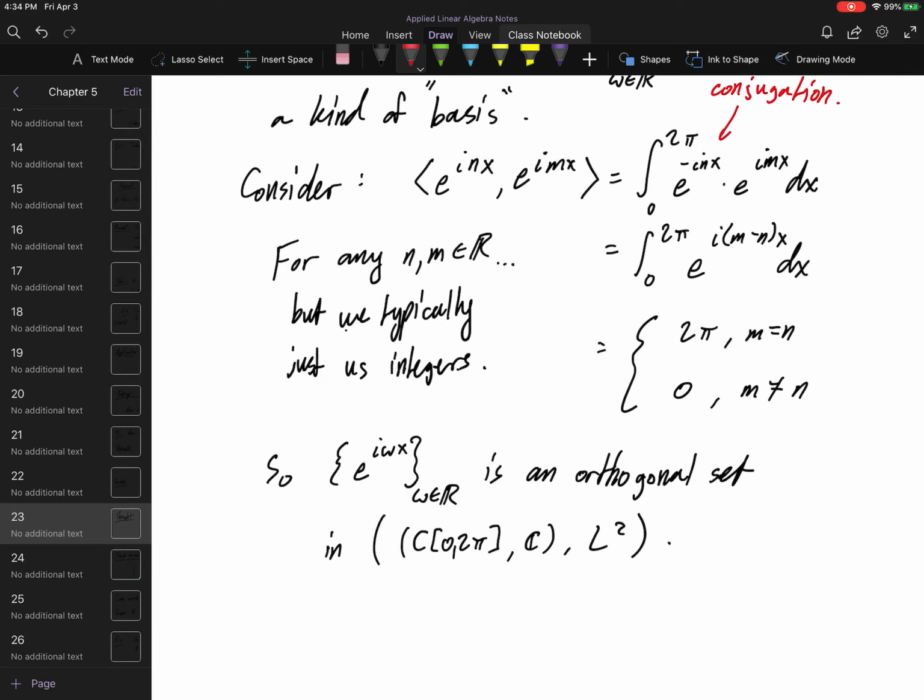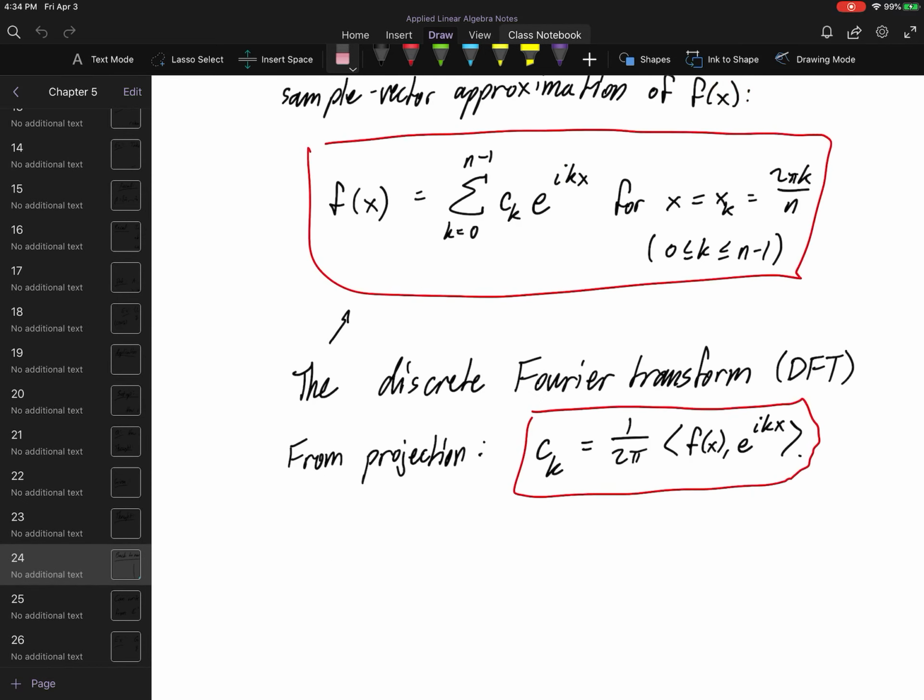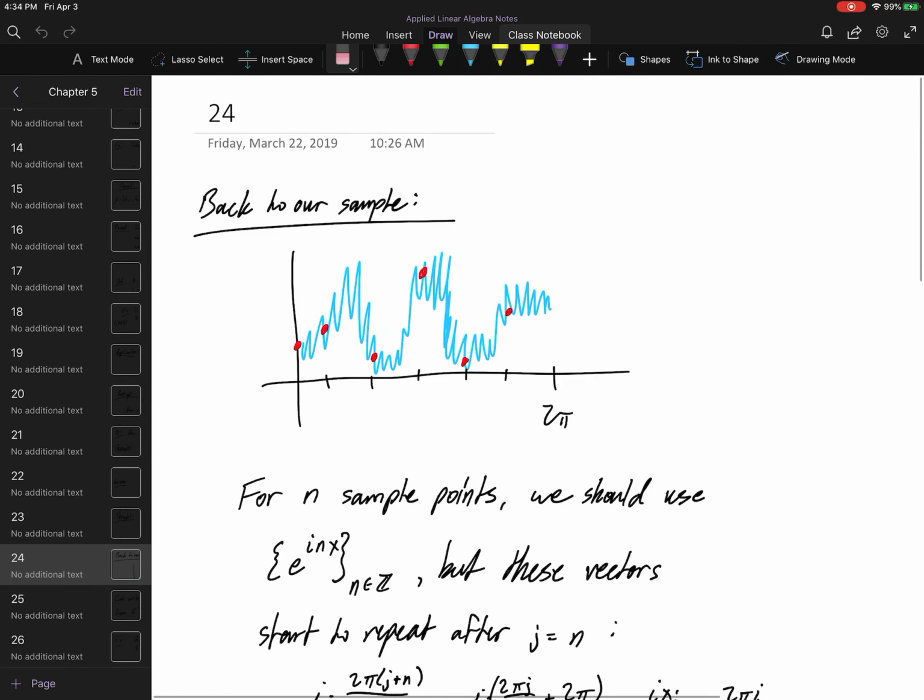And m and n are supposed to be any real number, but we're going to restrict our frequencies down to integers so that we can use 0 to 2 pi as our domain. But the point is that this works for any m and n, so this collection of functions is actually an orthogonal set in our complex inner product space that we would like to use.